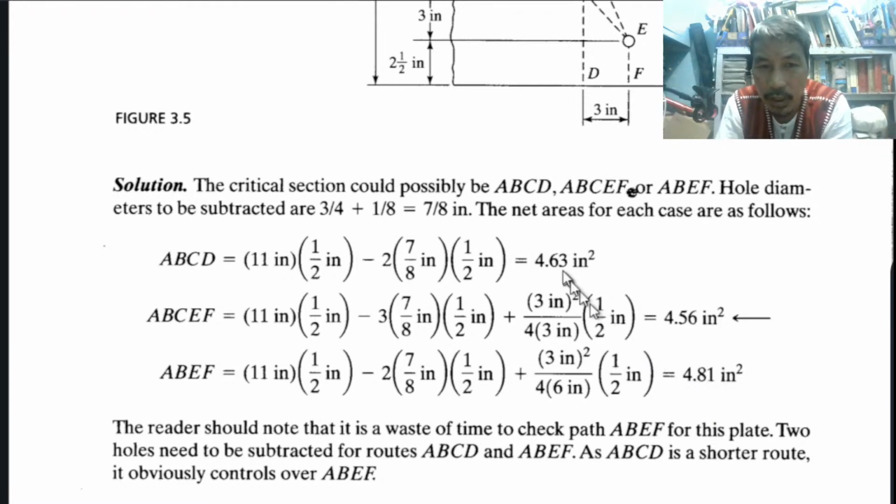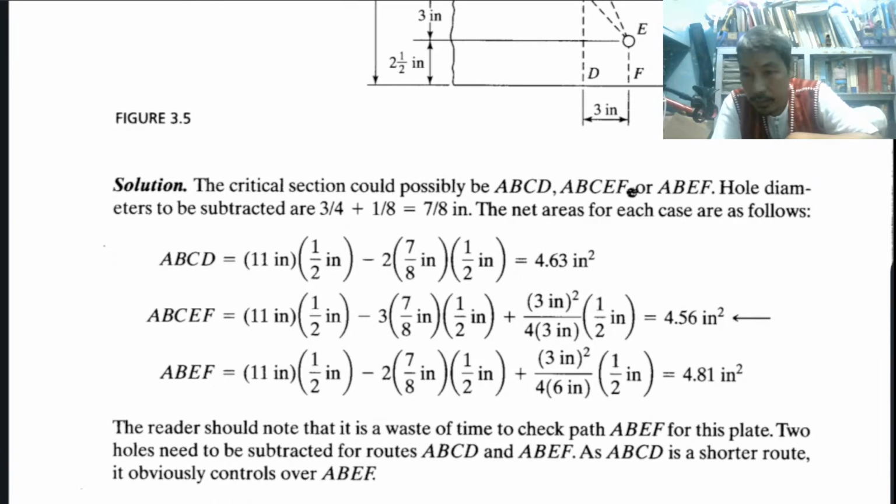You will notice, compare which one is the smallest. The smallest is this one. Therefore, this is the critical path multiplied by the thickness, and therefore, this is the critical net area that we are being asked to solve.